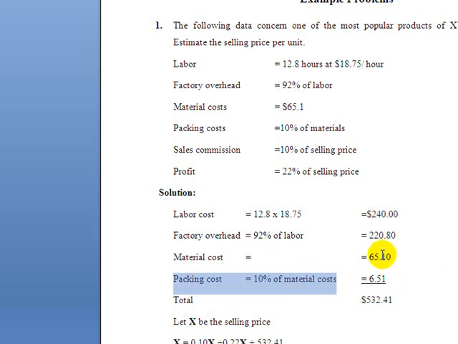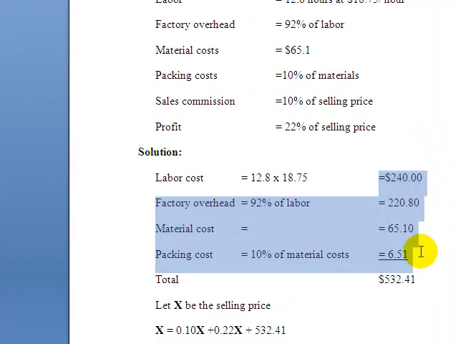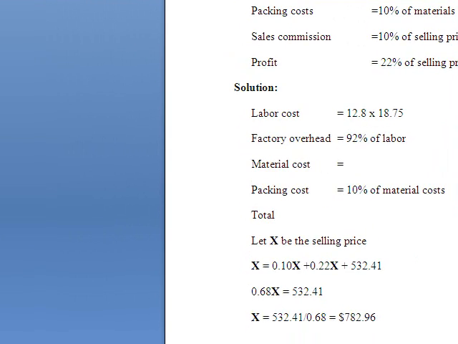Now we have all four elements. Let's find out the total cost. Total cost is basically the summation of these four costs, right? If you add these four numbers, you get the total cost of $532.01. So that is the cost per unit, and we need to determine the selling price per unit.